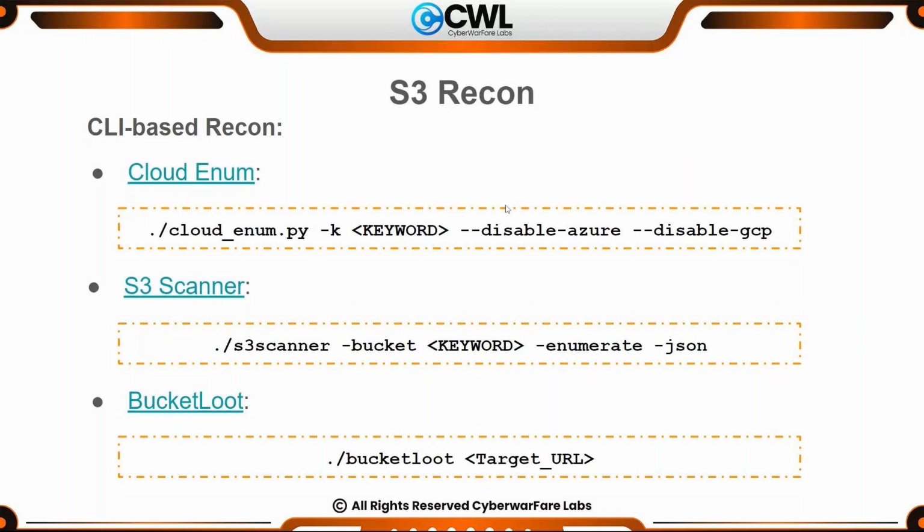It will search for that keyword in the bucket's name. Next, we have the dash enumerate option. This option is used to enumerate the identified buckets. And last we have dash JSON, which outputs the results in JSON format. We also have some other tools like bucket loot and AWS bucket dump to do similar kinds of tasks.